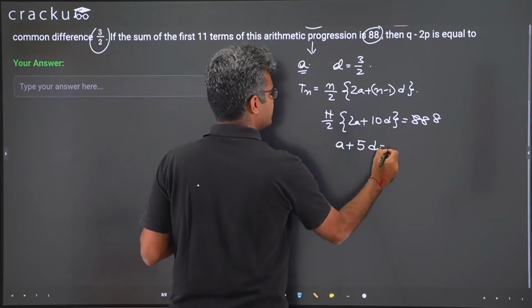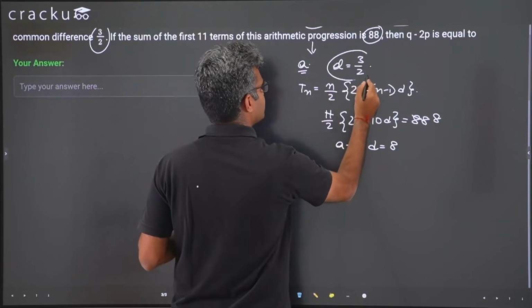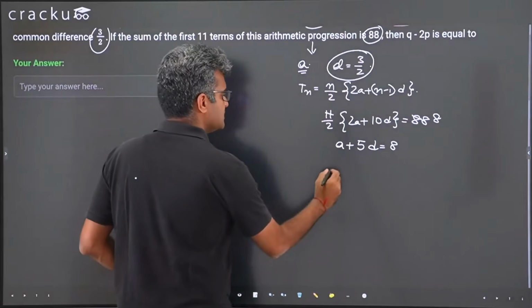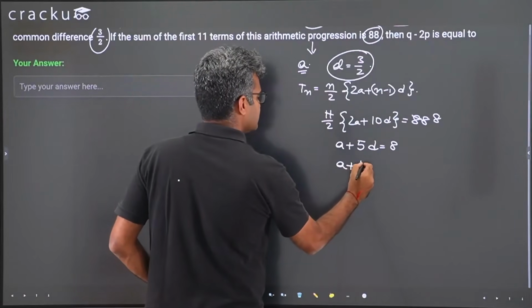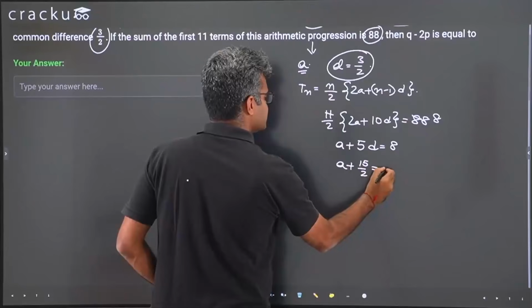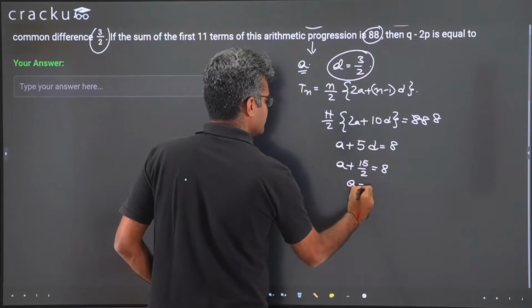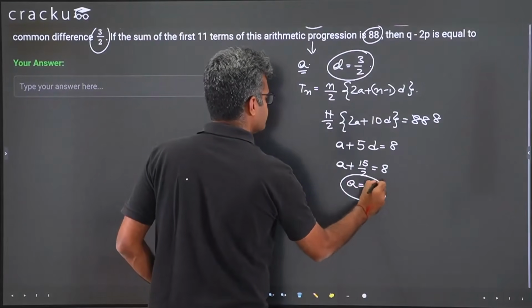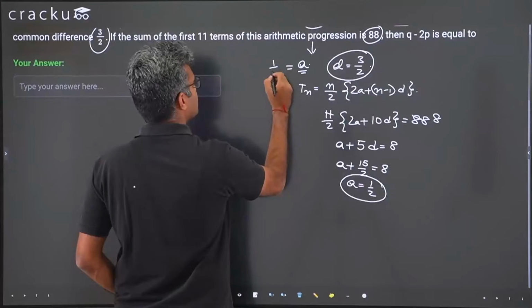So a plus 5d is equal to 8. We know the value of d. This is 3 by 2. So a plus 15 by 2 is equal to 8, or the value of a is 1 by 2. So a is equal to 1 by 2.